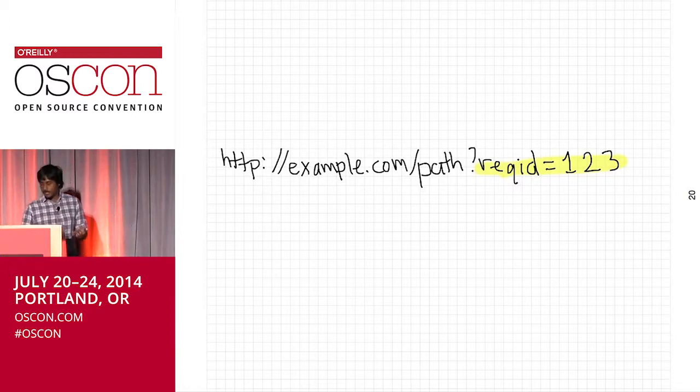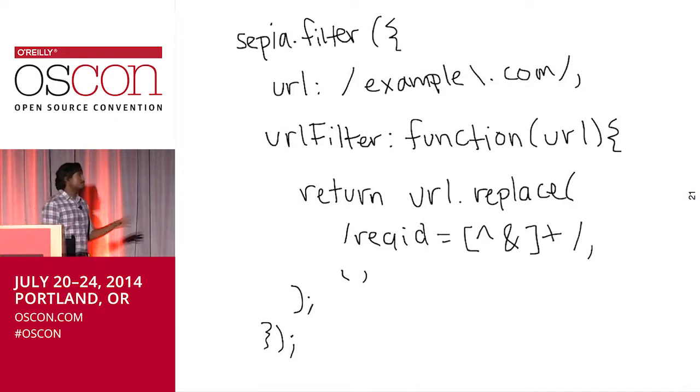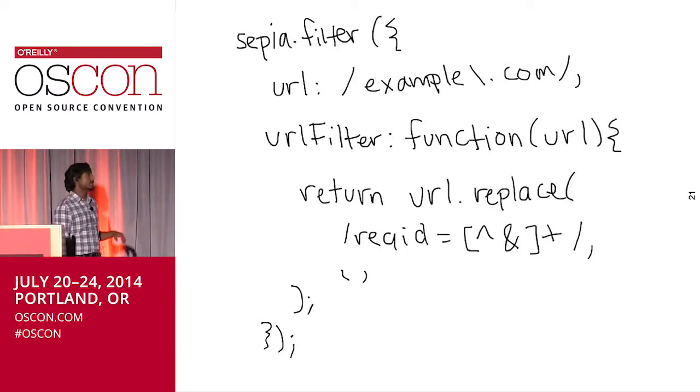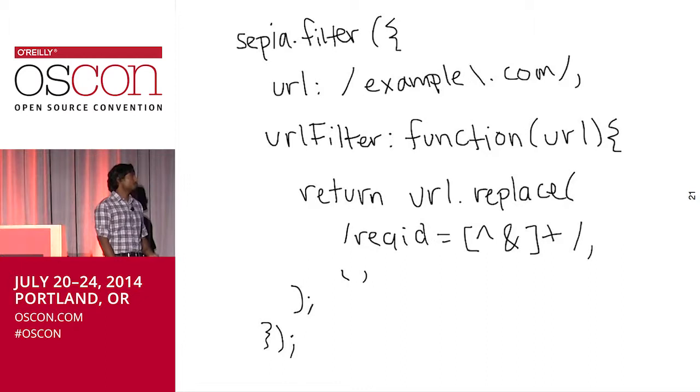And the way I decided to do this is to provide some kind of functionality where you could just say, for this type of URL, it's just a regex, apply this function that takes the URL, in this case, removes the request ID, and returns that. One key thing to note is that when the URL filter is run, it doesn't affect the actual request that's made to the other service. It's purely for the sake of determining what file name is going to be used.